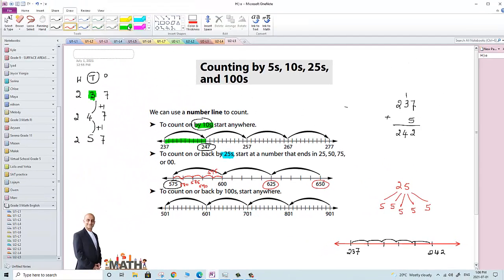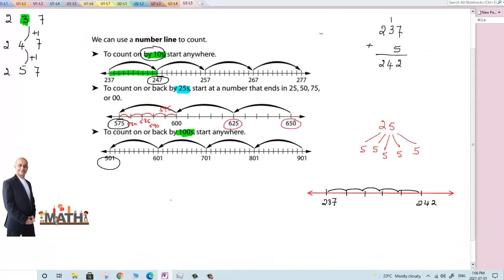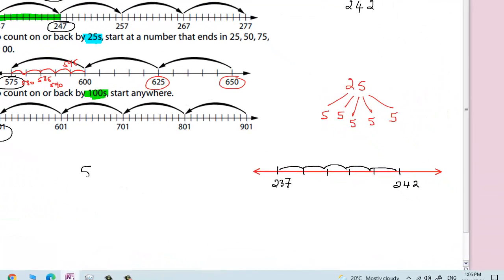Next, if I'm adding or skipping by 100, and I have a number like 501, how am I going to do that? With 501, instead of counting 100 on the number line, which is going to be a headache for me, I'm saying 501.